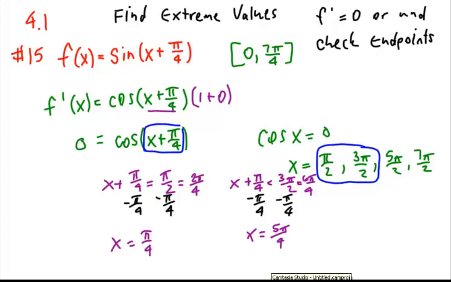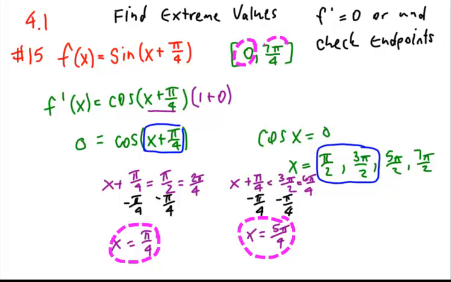And if we're looking for these extreme values, we want to check where x is pi over 4. We want to check where x is 5 pi over 4. We also want to check where x is 0 and where x is 7 pi over 4. We have to check these 4 places to look for maximums or minimums.